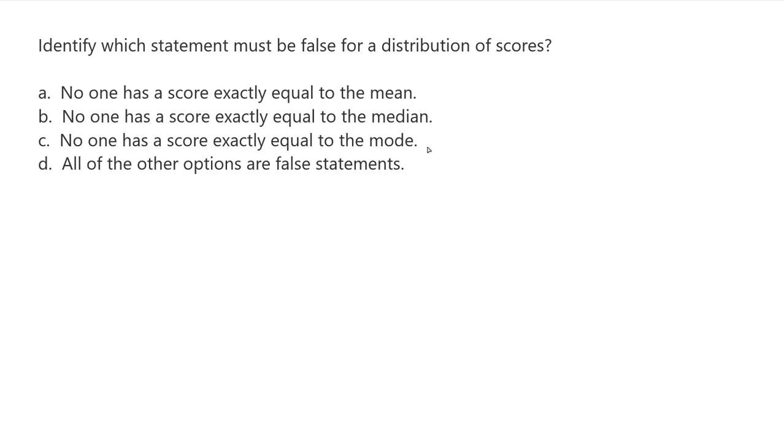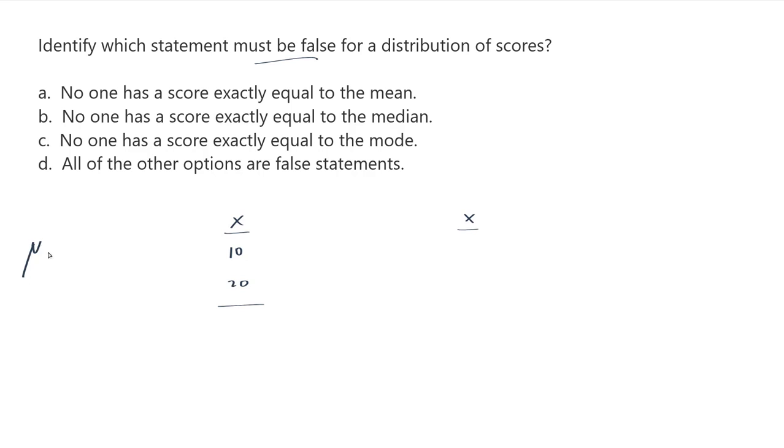Alright, so let's have a look at these one by one and see whether or not they must be false. So A, no one has a score exactly equal to the mean. Well, I can think of situations where either could be true. For example, I could look at a situation where nobody has a score equal to the mean. Let's say my first score is 10, my second score is 20.